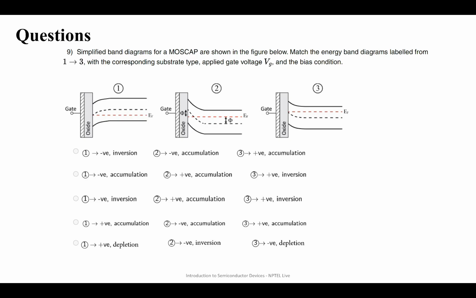Simplified band diagrams of a MOSFET are shown in the figure below. Match the energy band diagrams labeled 1 to 3 with the corresponding substrate type, applied gate voltage, and bias condition.